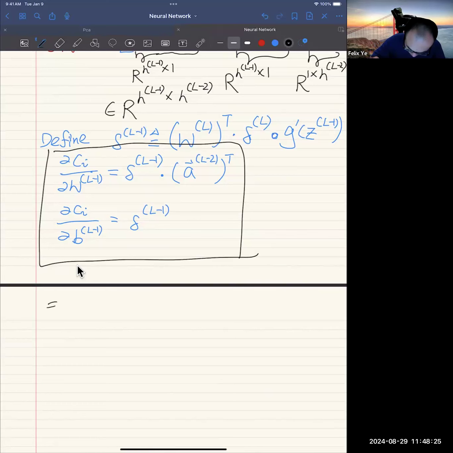For arbitrary layers, for any layer L, you can see this similar trend is going on here.